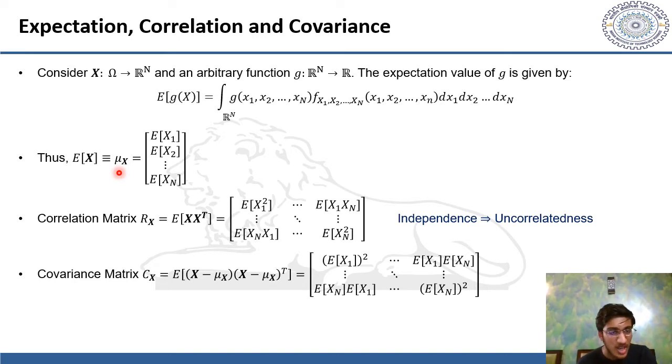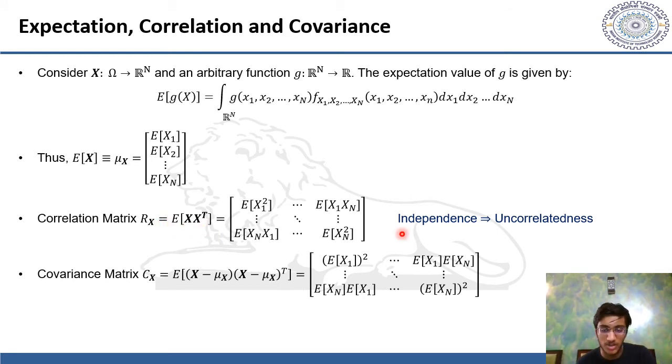And thus the expectation value of x is essentially identical to the mean of x, which we define as the expectation values of the individual members of this random vector, the individual random variables. Then we also go on to define the correlation matrix Rx, which is given by the expectation value of x times x transpose.